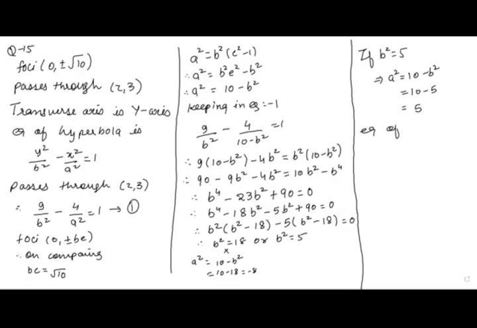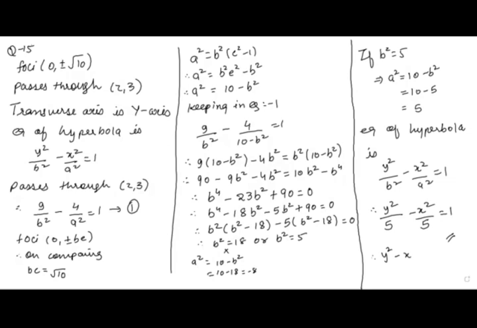Therefore the equation of hyperbola is y square by b square minus x square by a square is equal to 1. Therefore y square by 5 minus x square by 5 is equal to 1. This is the equation of hyperbola.